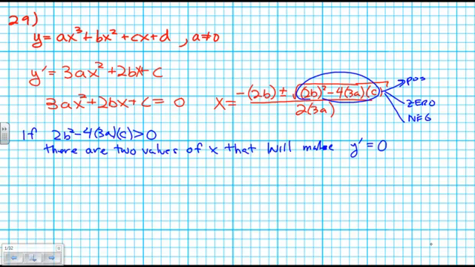Essentially, this quadratic, or the graph of that derivative, will look either like this, with 2 zeros, or it will look like this.